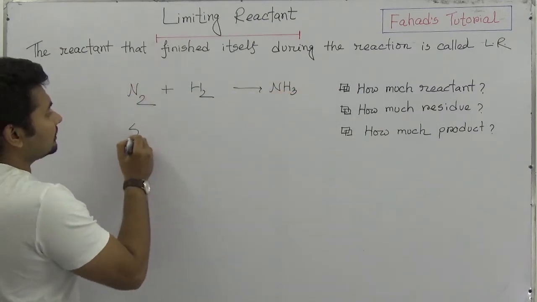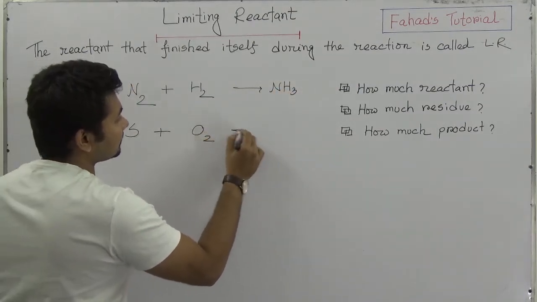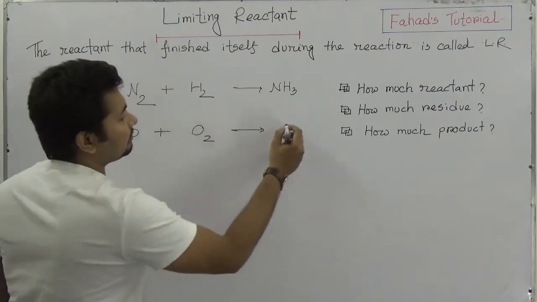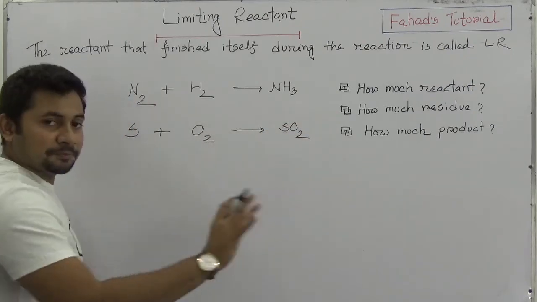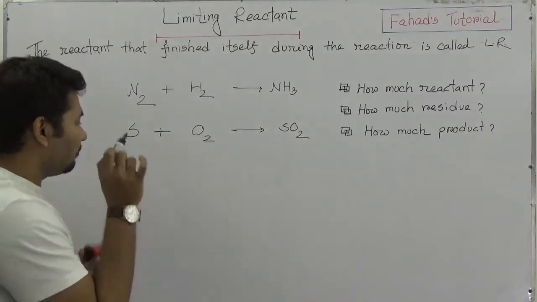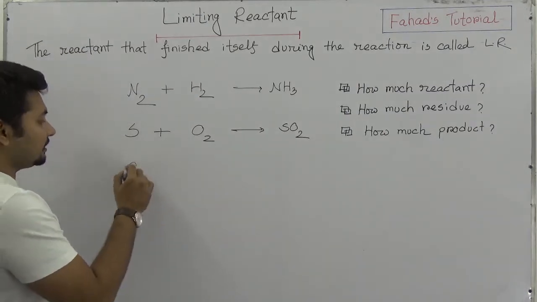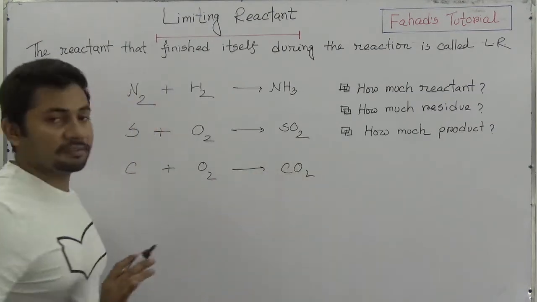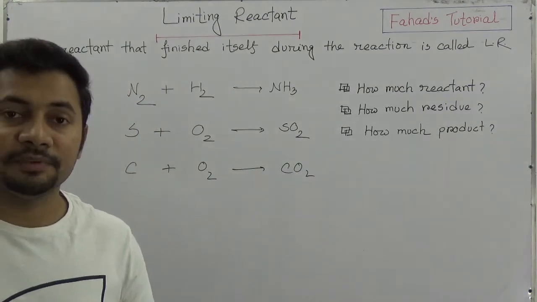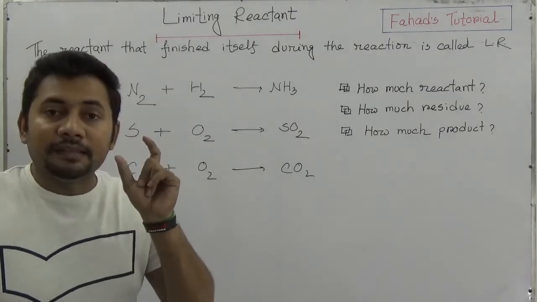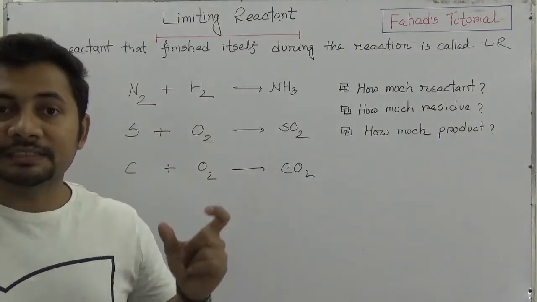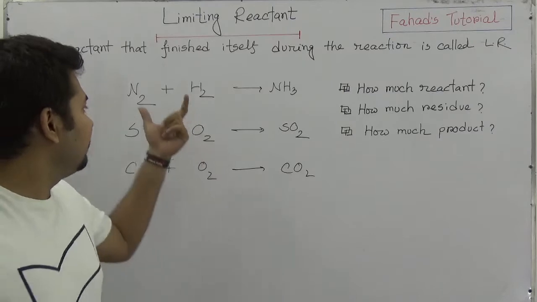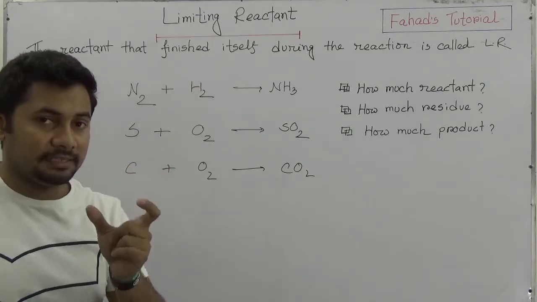Or sulfur and oxygen are reacting and they will produce sulfur dioxide. Or carbon and oxygen are reacting and they will produce carbon dioxide. In these 3 reactions we can see that everywhere there are at least 2 reactants.